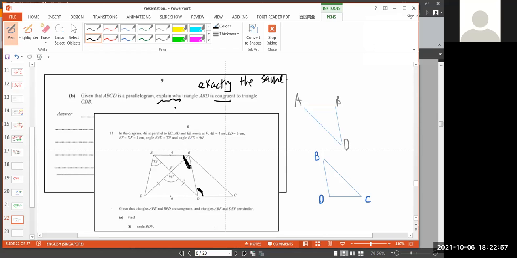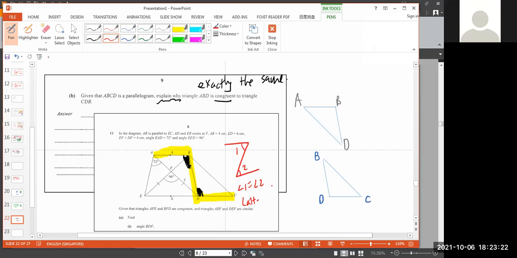So how do you prove this angle is equal to this angle? Okay. You have learned that this one is parallel to this one. So if this is parallel, can you see that this is the Z? So what is the Z? Z is alternate angle. So angle one is equal to angle two, alternate angle.